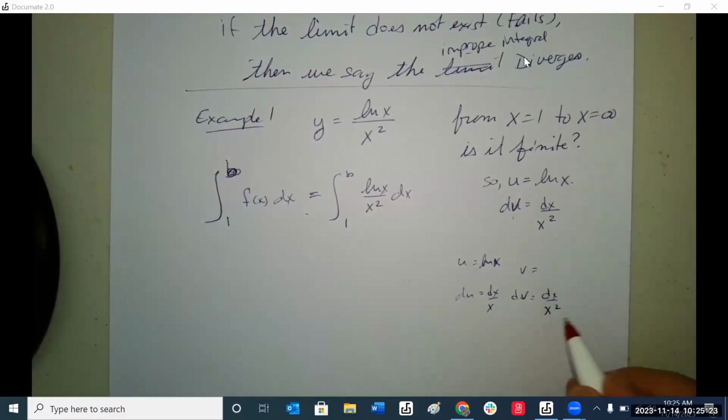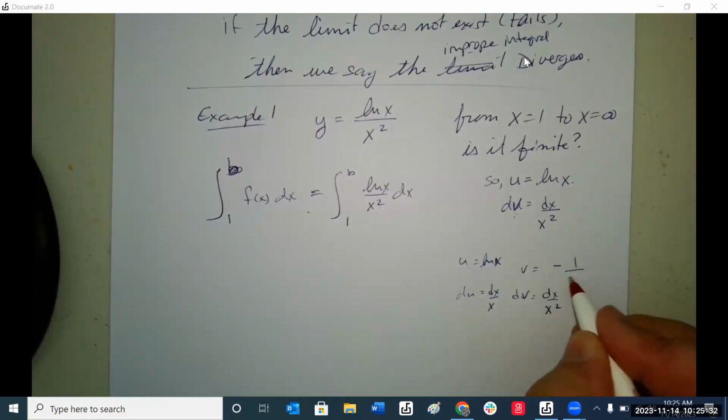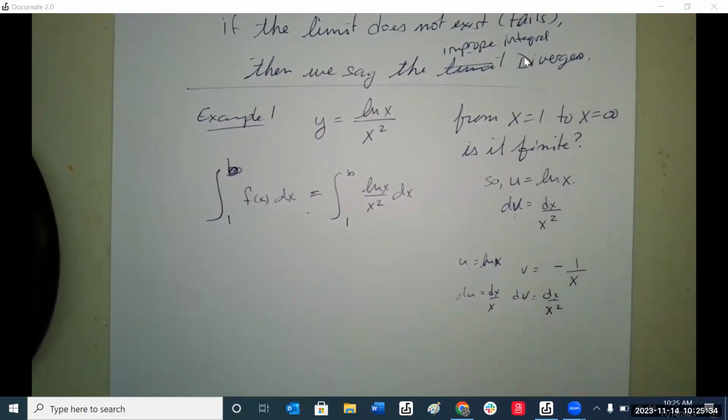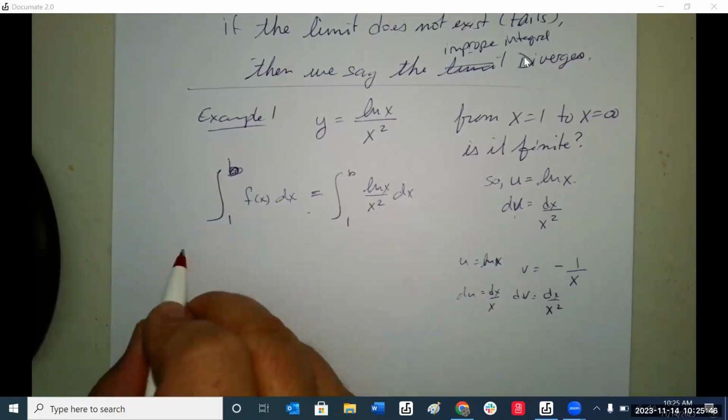And the integral of dv is x to the negative 2, add 1, so v is negative 1 over x. Okay, right. So that's how we break this one up into pieces.